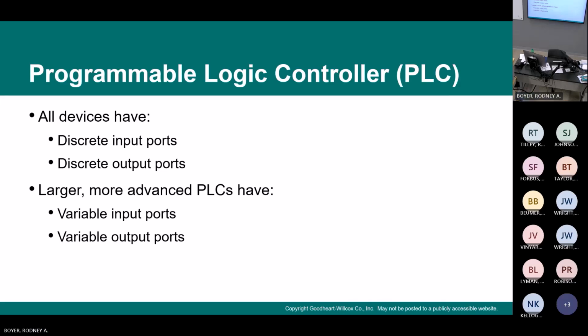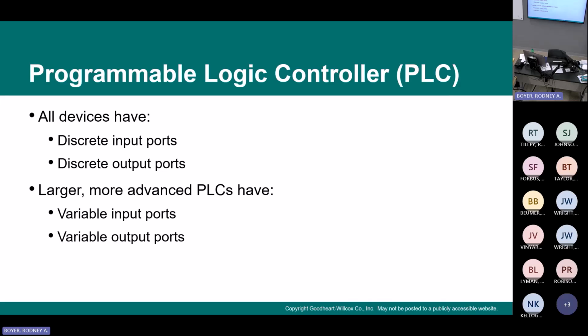Discrete is either on or off. 1 or 0, true or false, however you want to look at it. It cannot be anywhere in between. It's either all the way off or all the way on, two discrete states.